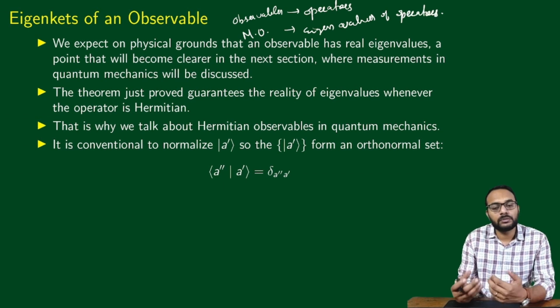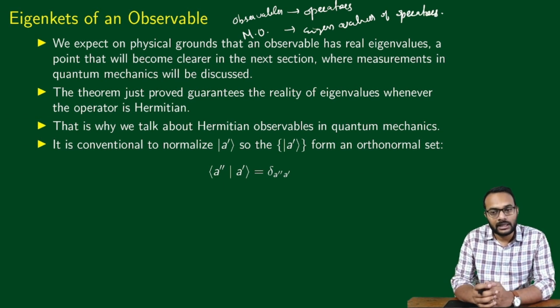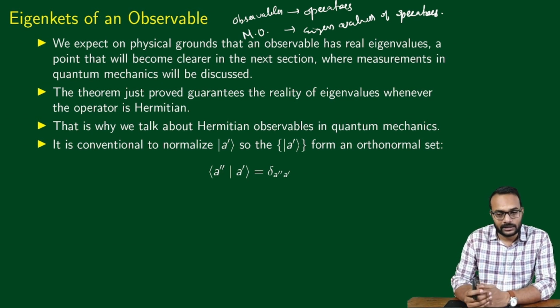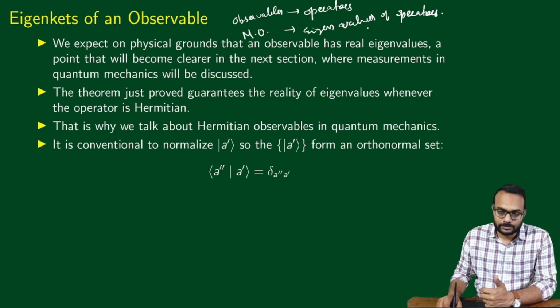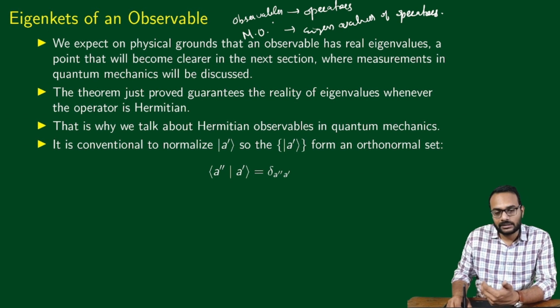But the possible measurement outcomes of an observable are always real numbers. If you measure something, you never get a complex number. You always get a real number. If you measure the speed of a particle, or the voltage or the current, all these are real numbers. So the measurement outcomes of an observable must be real.